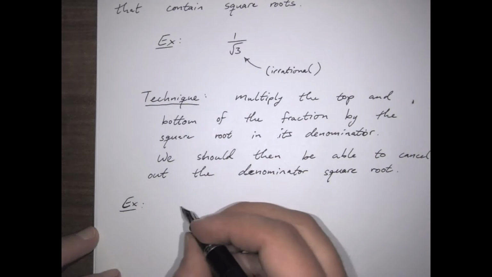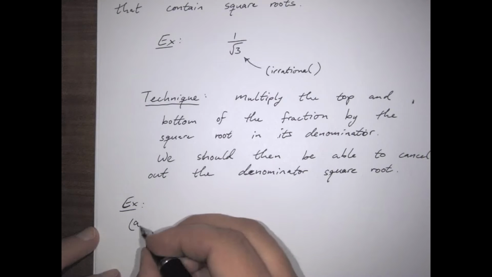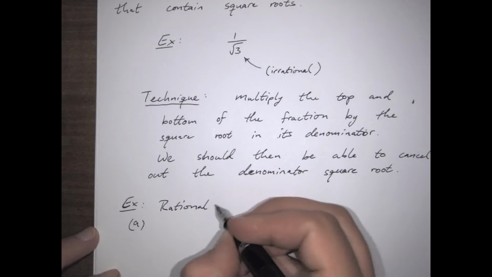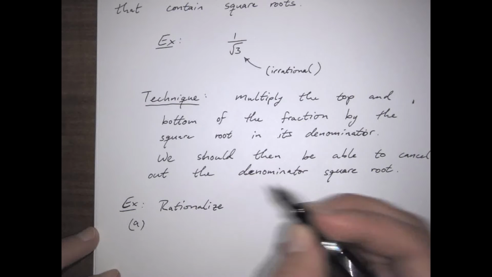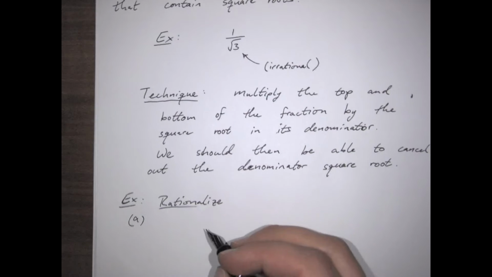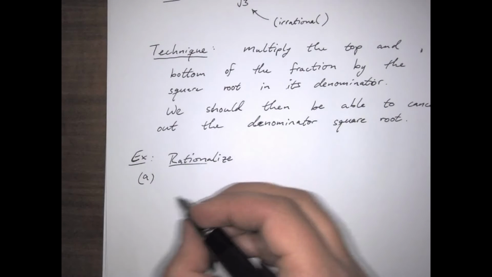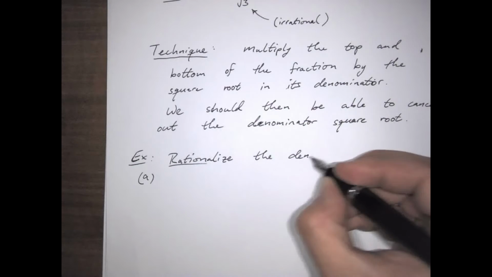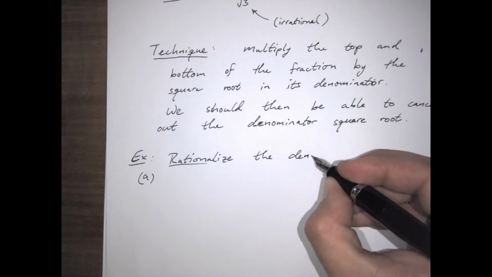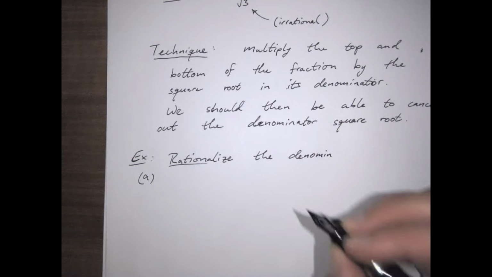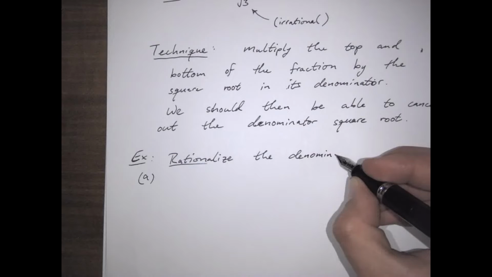So, rationalize the denominator. We never, by the way, rationalize numerators. If you have to have an irrational number somewhere, let it be the numerator, not the denominator.